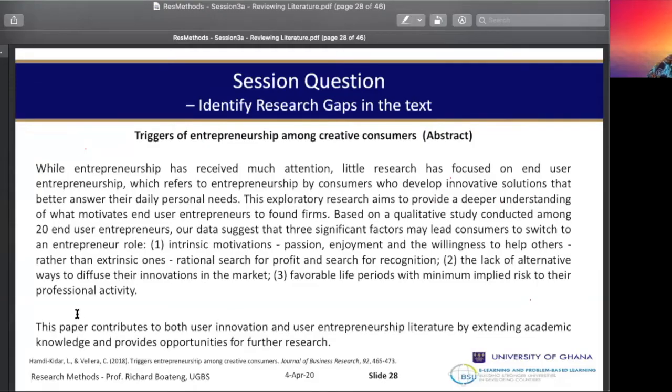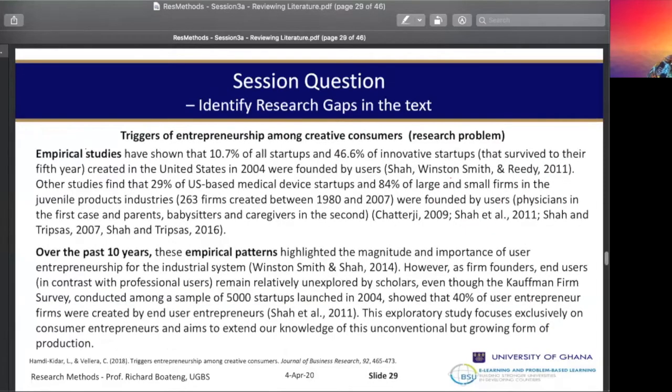So let's look at the introduction now. This is the introduction of the paper. I took an extract from the introduction to show you how he wrote his research problem. And he actually tried to echo the need for the particular research area he's going to carry out the research on. Let me emphasize something here.